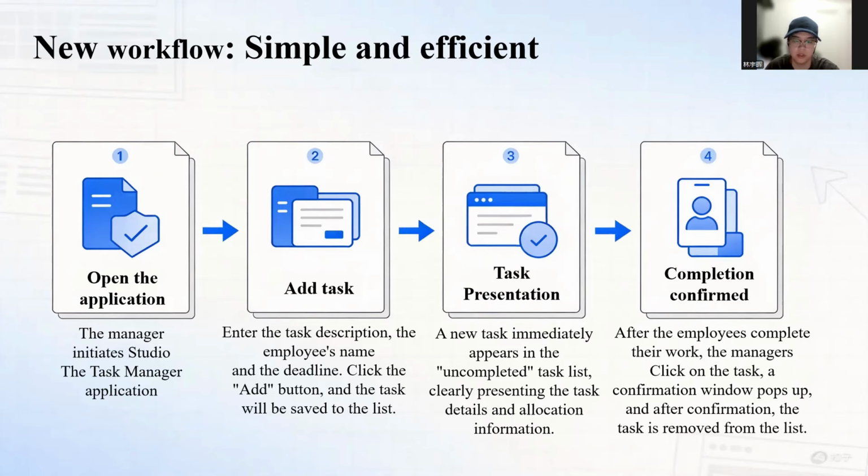When the employee finishes the task, the manager taps on that task in the list, confirms, and the task is removed. All data is saved automatically, and the manager can close the app and open it later. All tasks are still there.